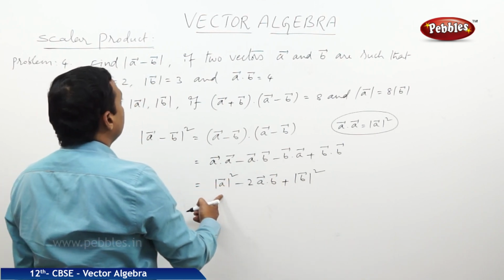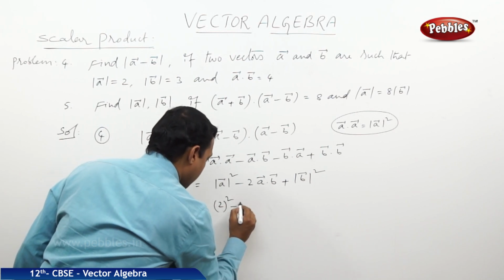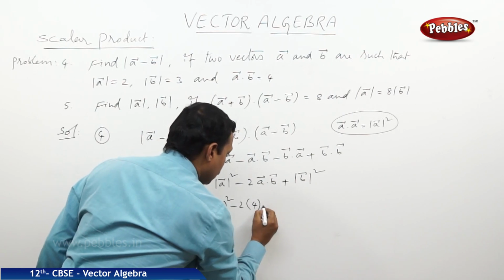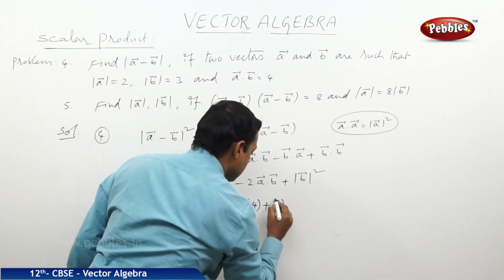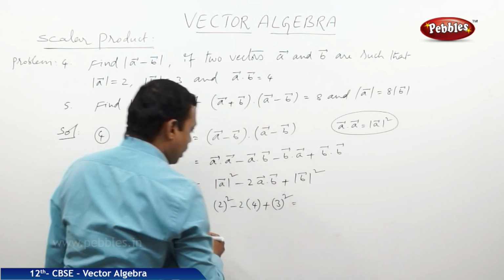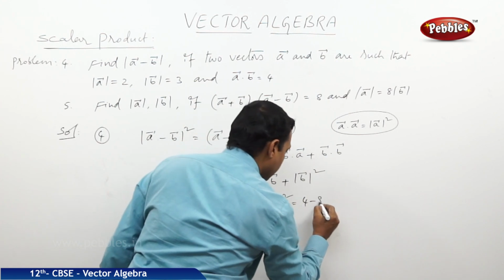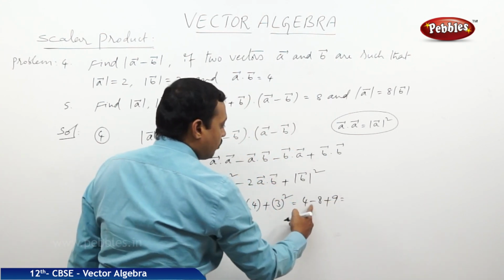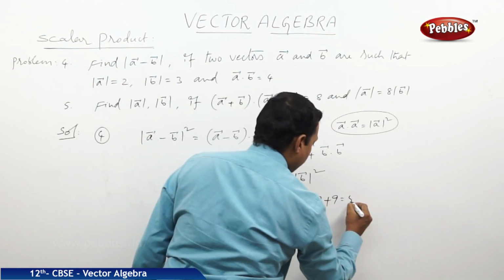Modulus of a is equal to 2, substitute there, 2 square minus 2 into a dot b is equal to 4 plus modulus of b is equal to 3, hence 3 square. Therefore it is 4 minus 8 plus 9. 4 minus 8 plus 9, 13 minus 8, 5.